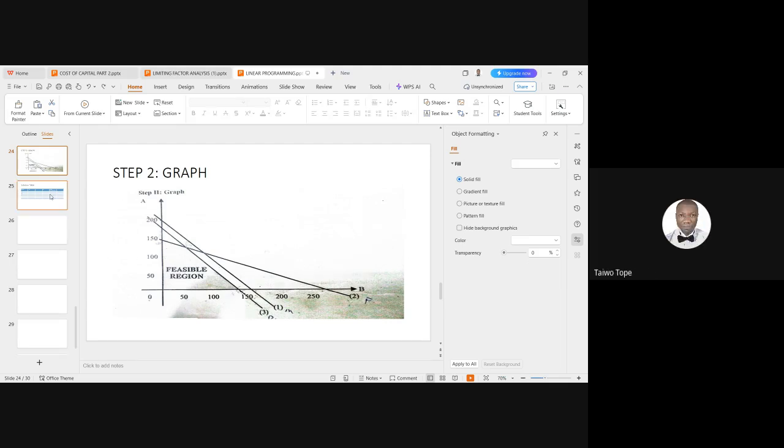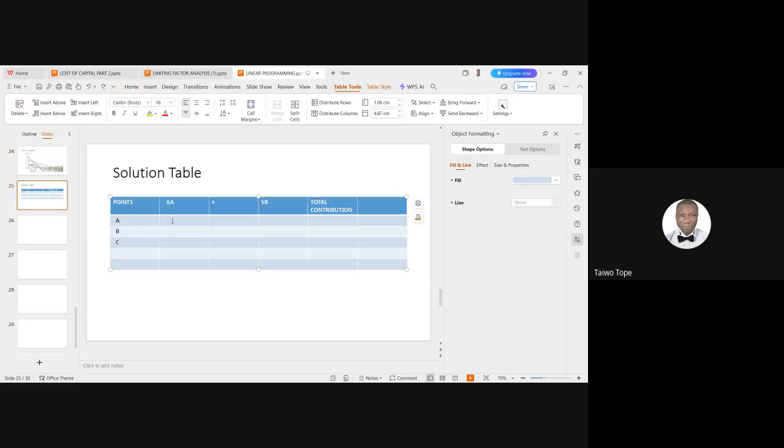Yes, very good, 125 at point A. So if A is 125, it will be 6 into the bracket of 125 plus 5 into the bracket of 0, because at that point B will be 0 and we want to just know the total contribution at point A. So the total contribution at point A will be 6 multiplied by 125, which is 750.